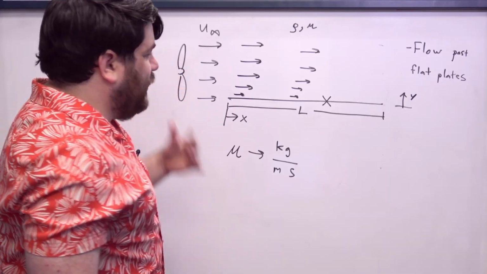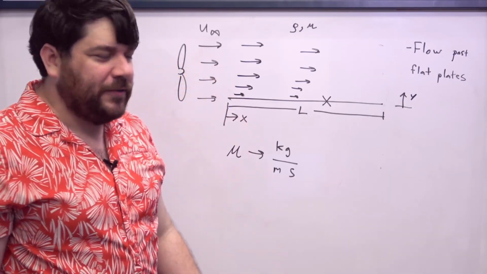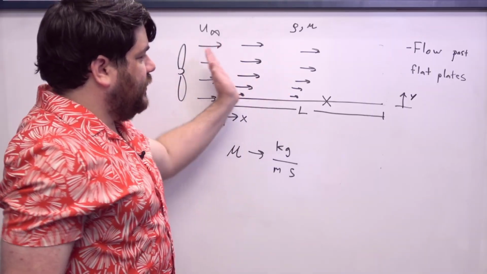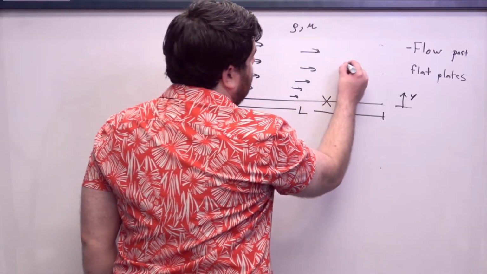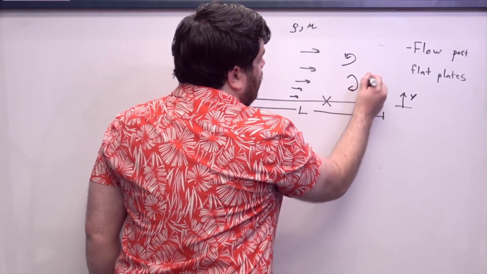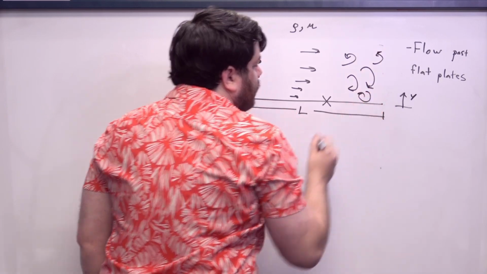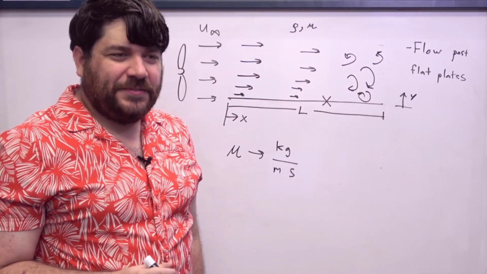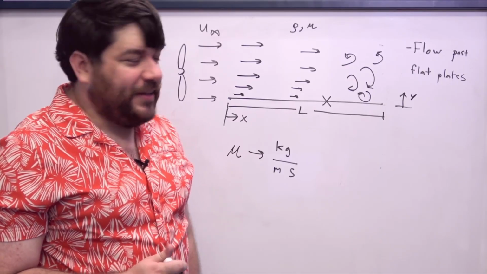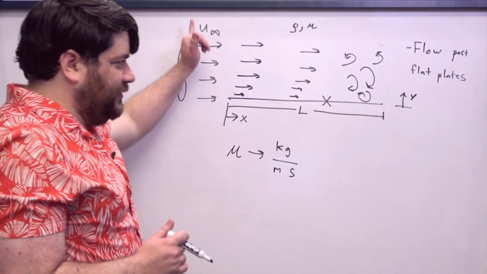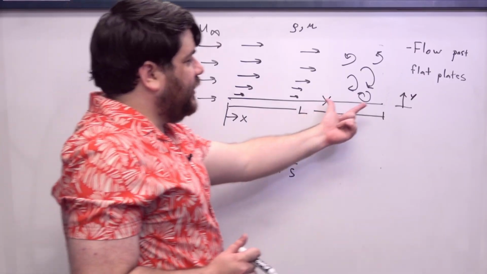The fan is a hypothetical fan that's creating a perfectly uniform flow. And even if the flow at the front part of the plate looks nice, what eventually starts to happen is that you see this very chaotic, unsteady formation of whirls that changes over time and is wholly unpredictable. Okay? And that's even if this is a perfect fan.